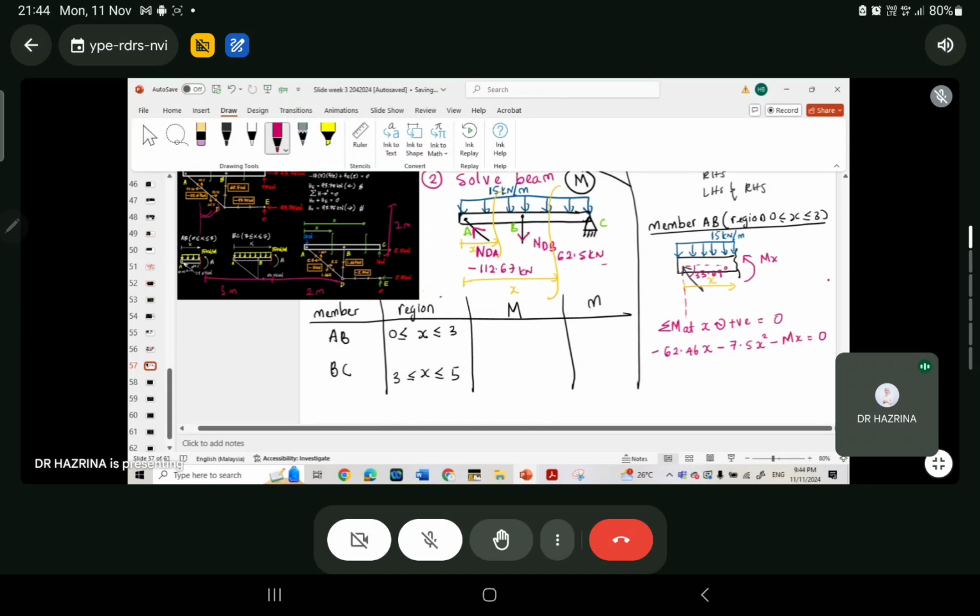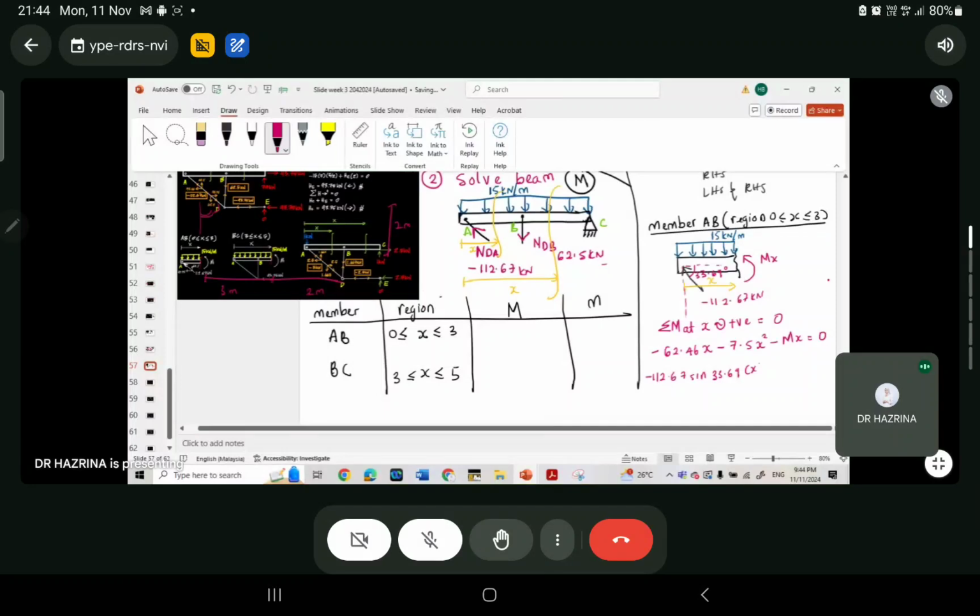Okay, and then here adalah negative 112.67 kilonewton. So maksudnya negative 112.67. Bagi equation penuh dekat sini supaya kawan-kawan you tahu. Read me the full equation. Negatif 112.67 sin 33.69.